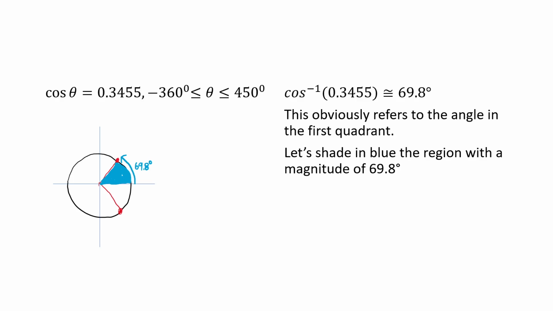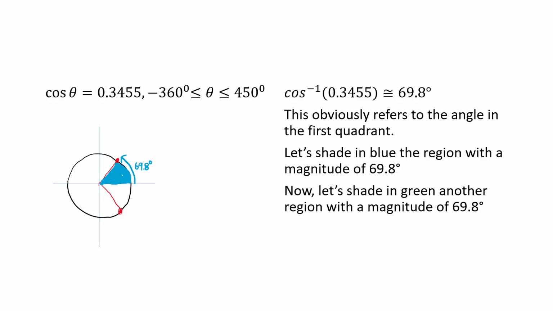Now, if you look at it, that x-coordinate that you see there, that's a mirror. And that means that if that blue wedge there is a magnitude of 69.8 degrees, this wedge that I just shaded in will also be a magnitude of 69.8 degrees. We shaded it in green there.